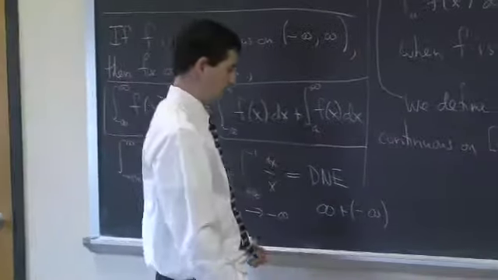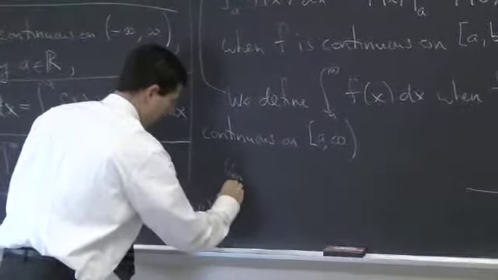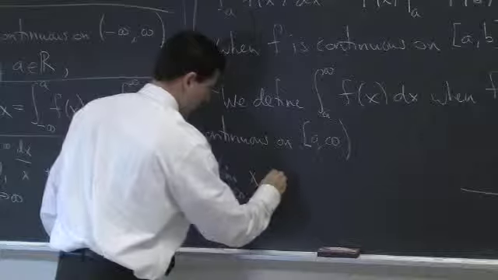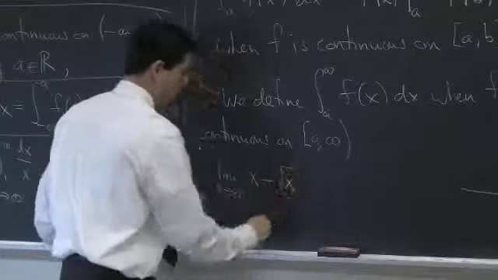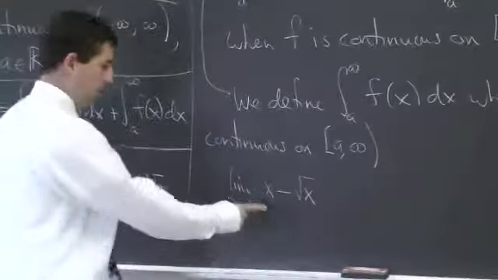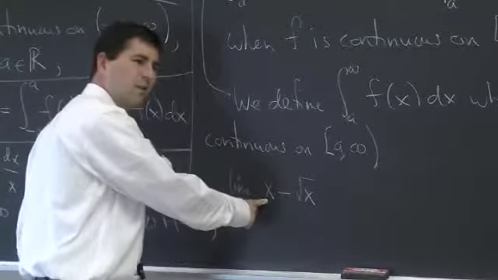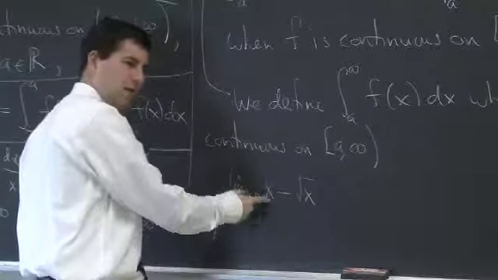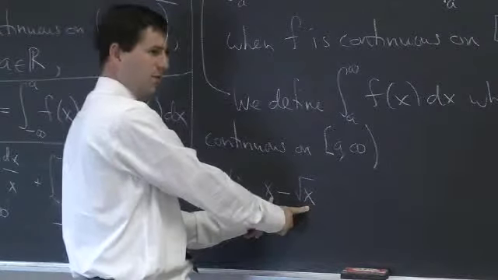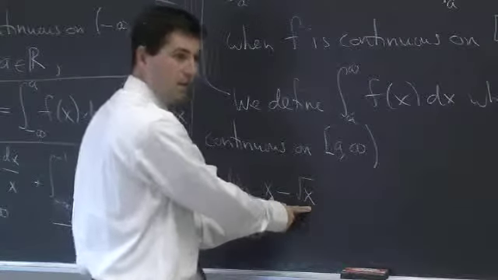For instance, if you took the limit as x went to infinity of x minus the square root of x, or if you write plus the square root of x, these are both going to infinity. But this one's going faster. So should it be 0? But this one is really going faster. At any step along the way, the difference between these two is growing. So couldn't I make an argument that it's infinity, rather?